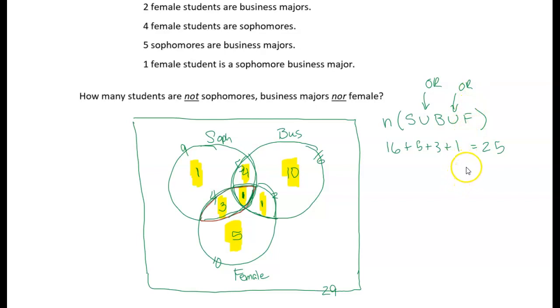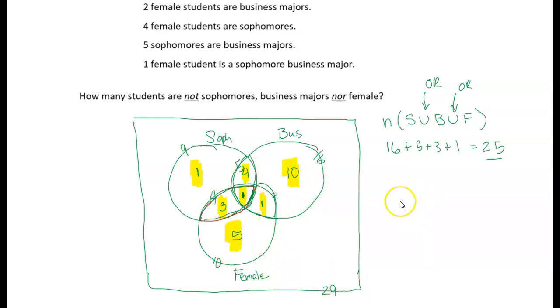So the number of students who are sophomores, business majors, or females is 25. All right, so if they're not sophomores or business majors or females, which is what we're looking for, that's just the complement of what is in the union of those sets.